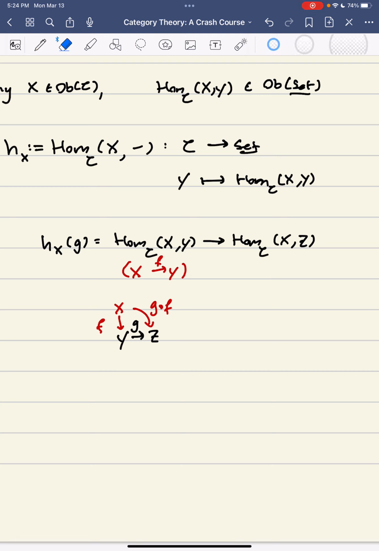If I do F first, then apply G, I get a morphism from X to Z, which is G of F.